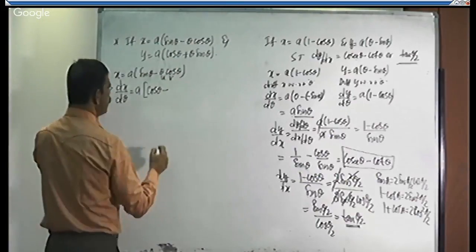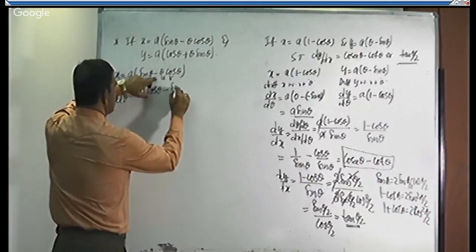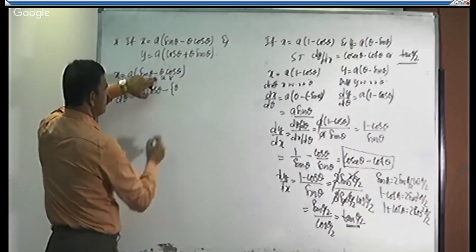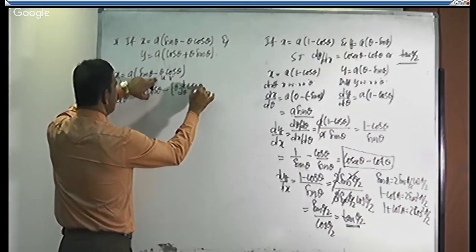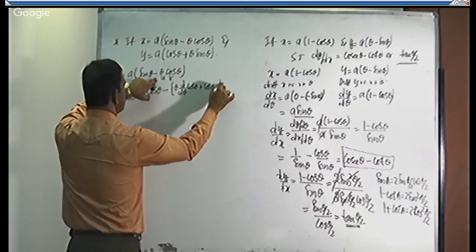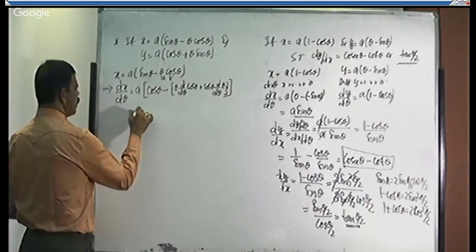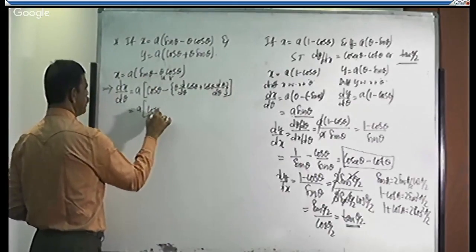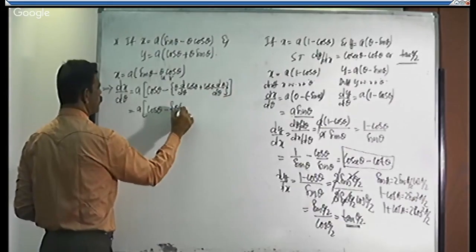Put a bracket. Product rule states that u into d by d theta of cos theta plus cos theta into d by d theta of theta. Close the bracket.